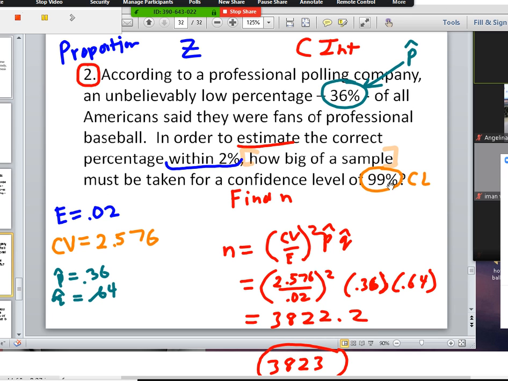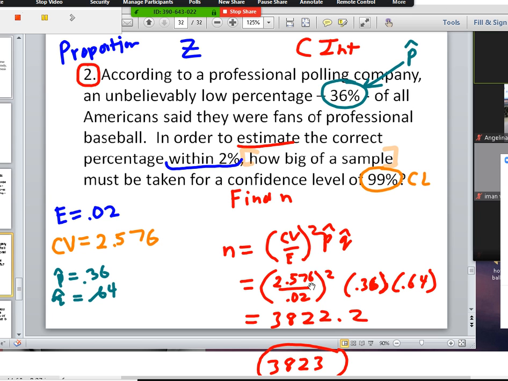My confidence level is 99%, so if you looked at it up on the z-table, because it's a proportion, you're going to get a critical value of 2.576, and then here's my p-hat, 36%. So my p-hat is 36%, which means my q-hat is 64%. So for your n, you're going to throw that into the formula: critical value over e, squared, times p-hat q-hat.